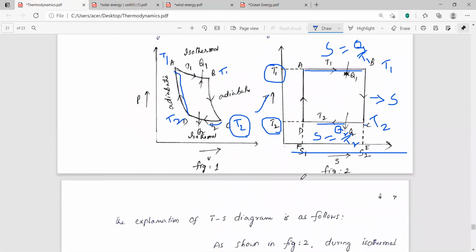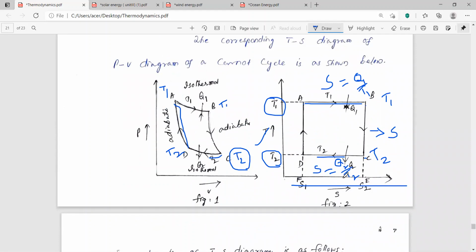Similarly, if you take isothermal compression, the amount of heat energy rejected to the sink, Q2, we can show equals the area of DCEF. So from isothermal expansion, Q1 equal to ABEF.